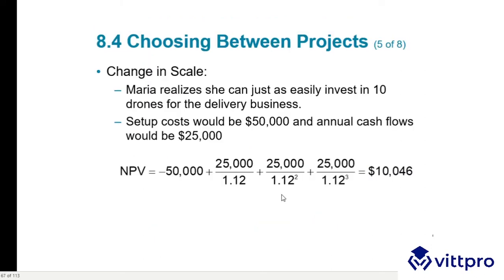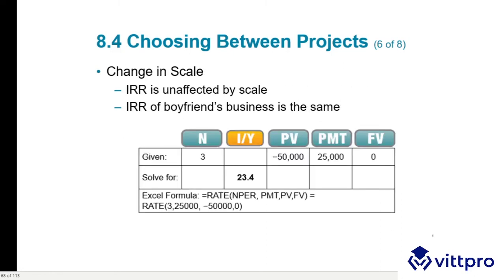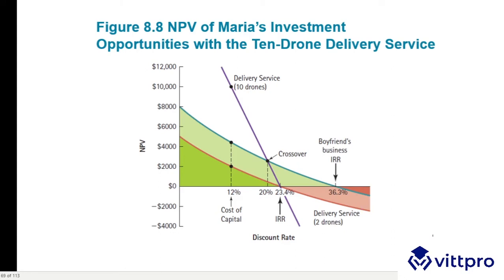But let's say she decides, okay, actually she can invest in 10 drones in her delivery business and the setup cost is $50,000, and then the annual cash flows will be $25,000. In that case, she will be able to make $10,000 worth of net profit and her IRR will be 23%.